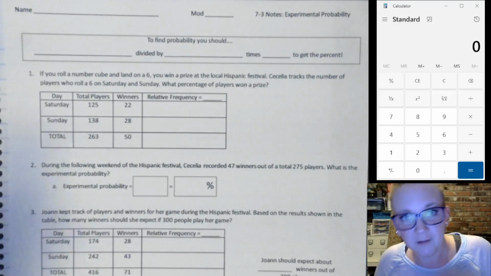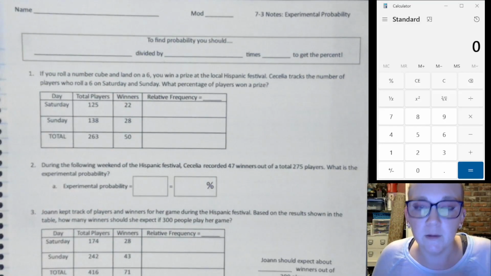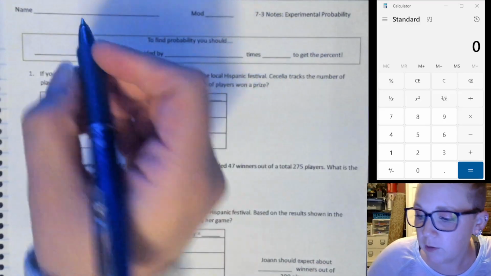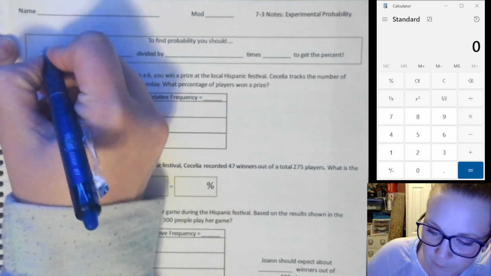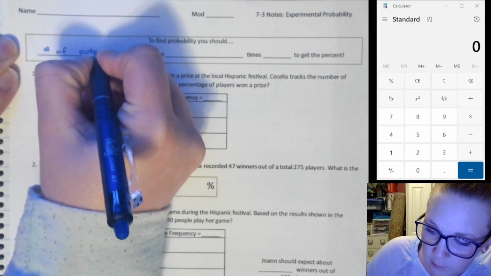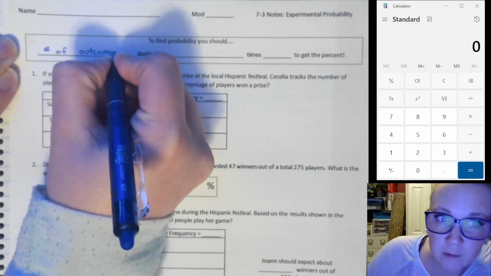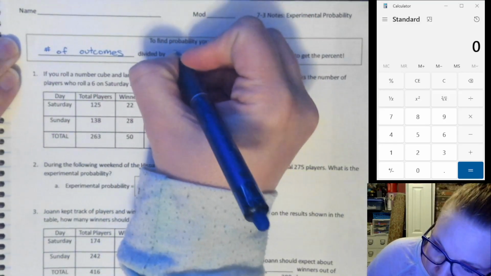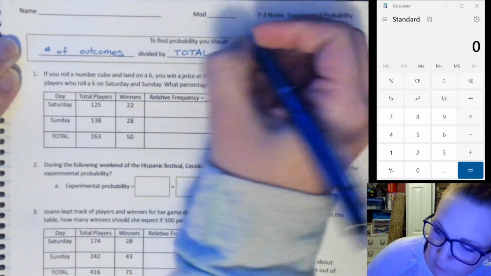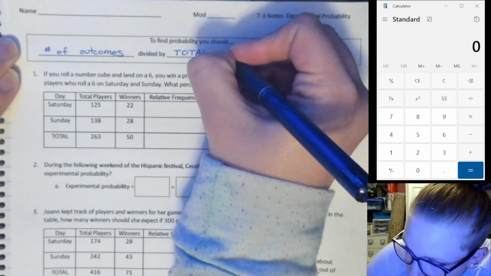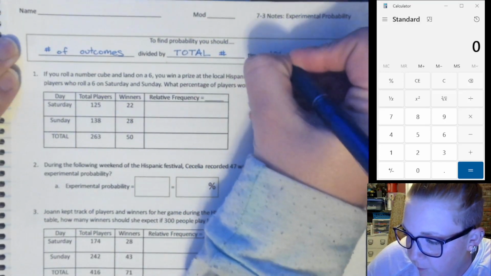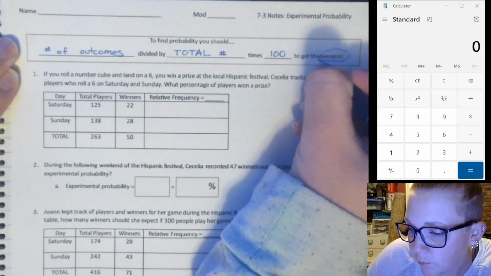All right, we're back. To find probability, this part has not changed no matter what probability you do. You always take the number of outcomes divided by the total number times 100, and that is how you get the percent.